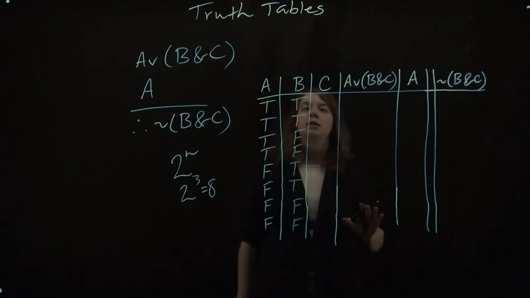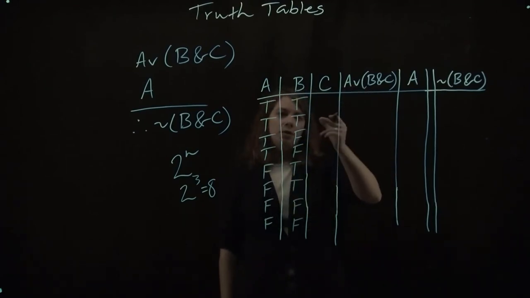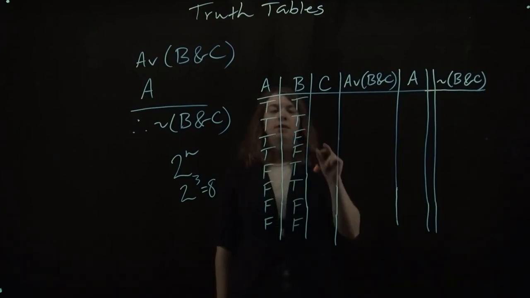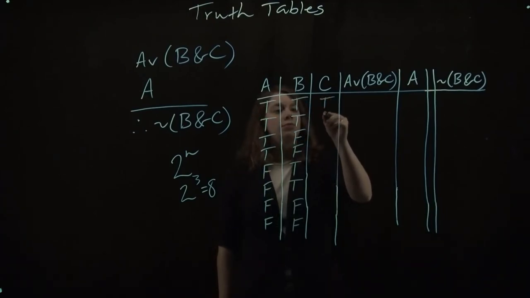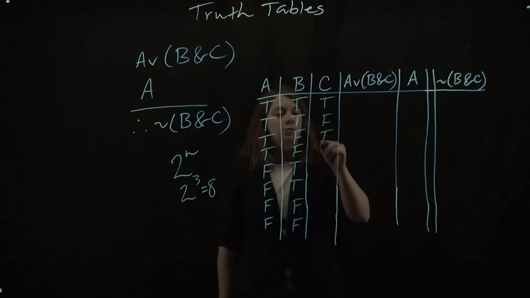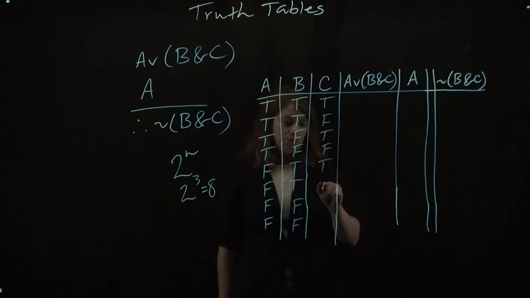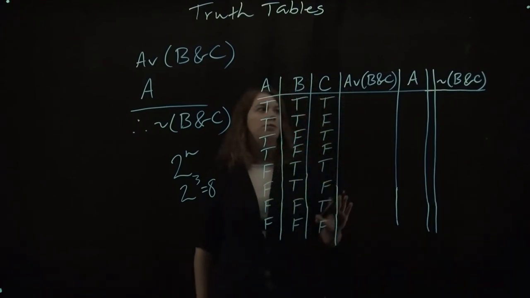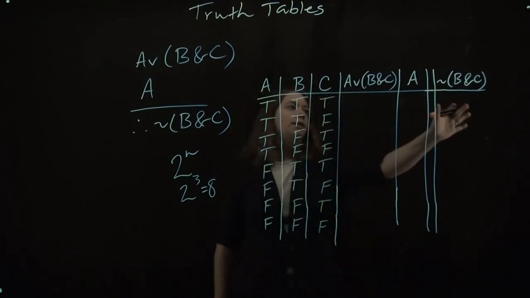And because C is our final column, we know then that we're going to just alternate true, false, and that matches up with 2 divided by 2. So then we have true, false, true, false, true, false, true, false. So these are all the possible truth values that can be combined in this argument.